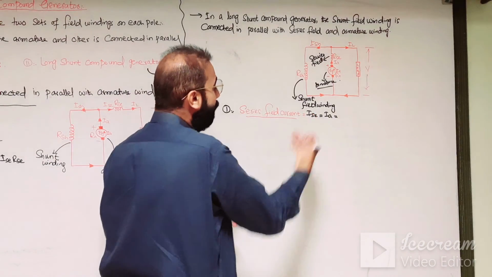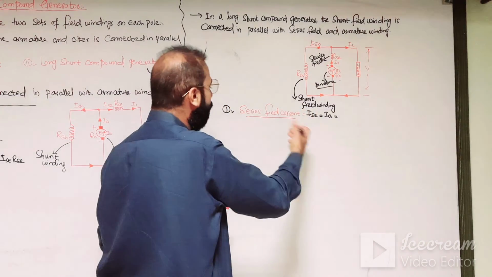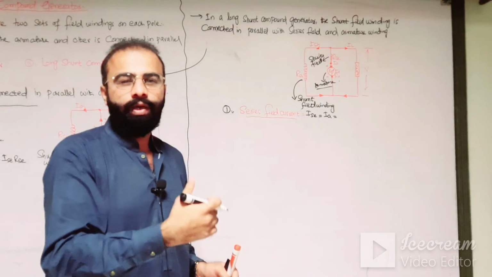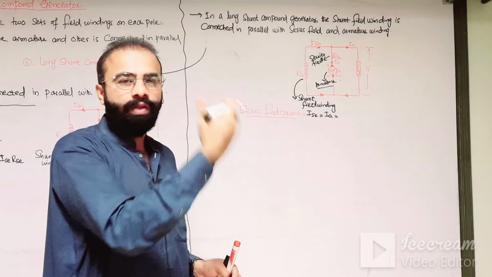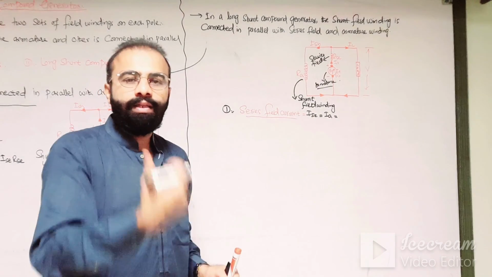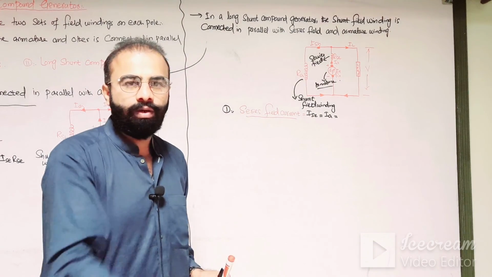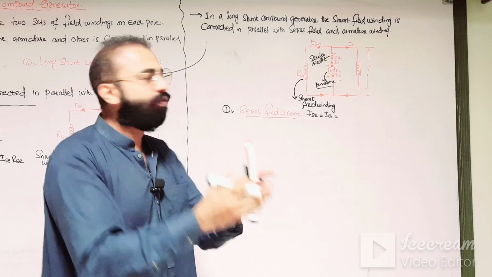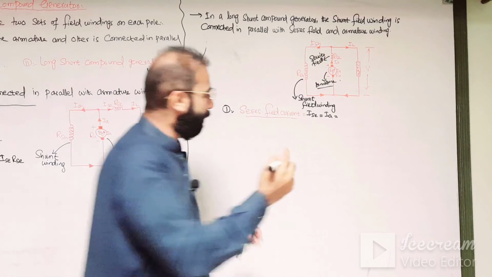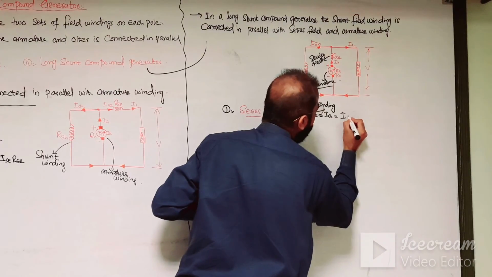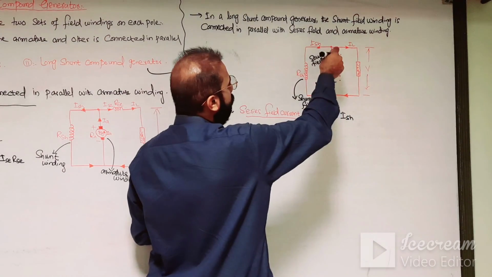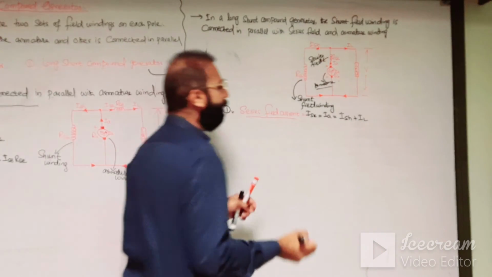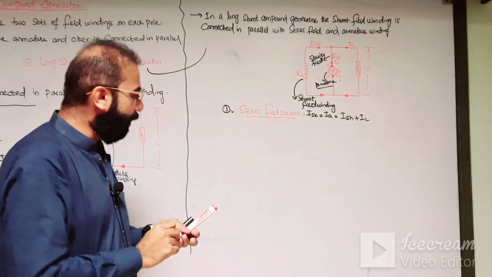So in the case of the long shunt compound wound generator, the series field current is equal to the armature current, and it is the sum of the load current plus the shunt current. So armature current is the sum of the shunt field current and the load current, okay.